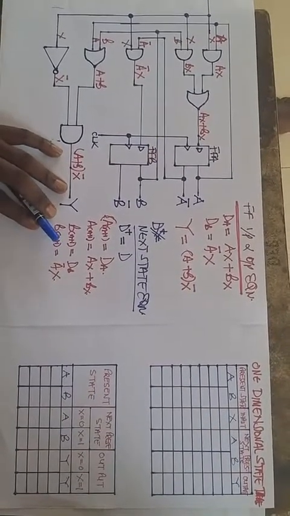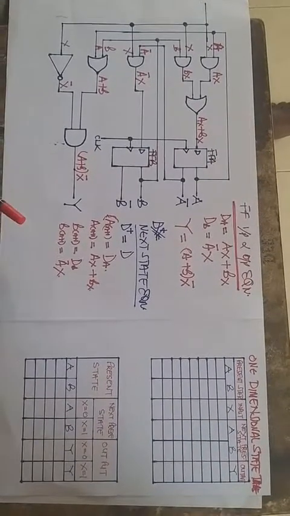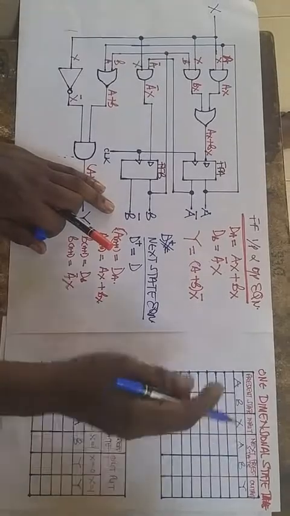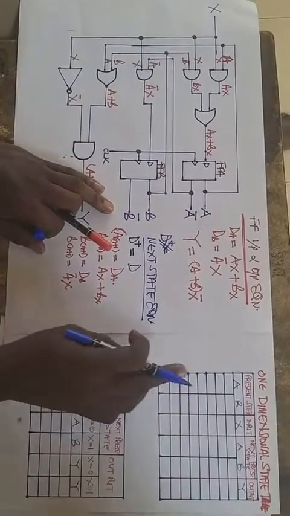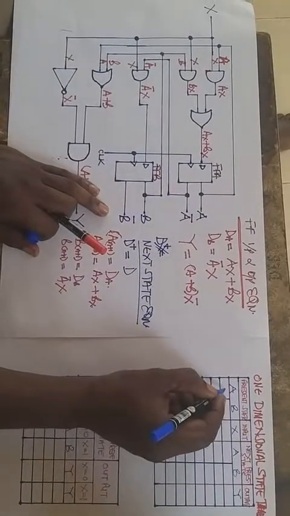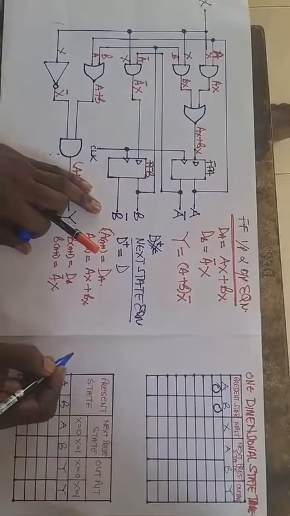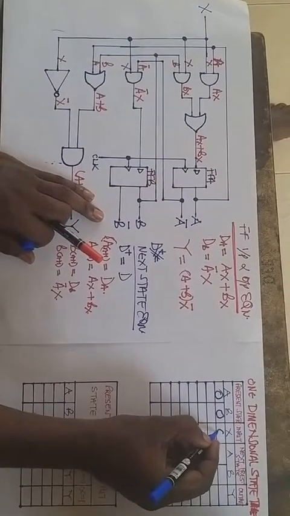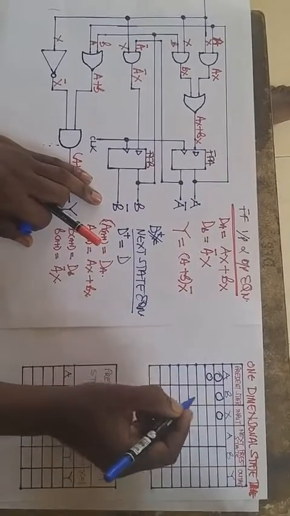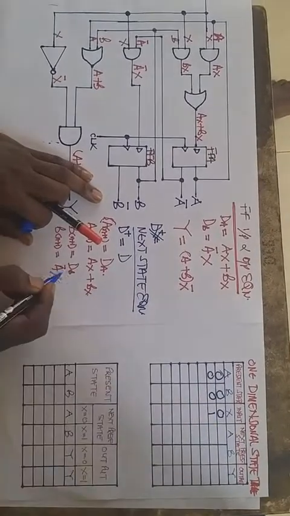Now, for the input that is given, we know the present state. So we consider when A is 0 and B is 0, and the input is 0. We look at when A is 0, B is 0, and the input is 1.